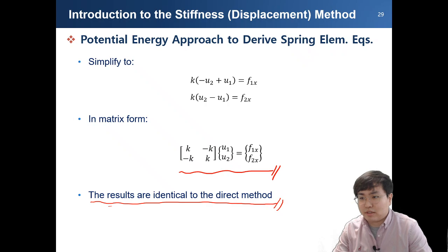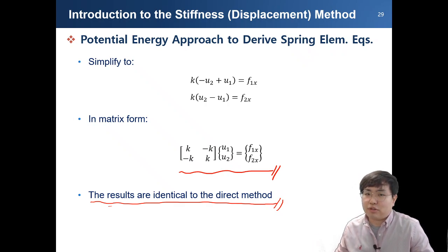Actually I normally say the stiffness equations. So please memorize this potential energy approach. In the spring element, especially 1D cases, it is very easy to derive those equations. However, when we use many elements, the equation becomes more complex.